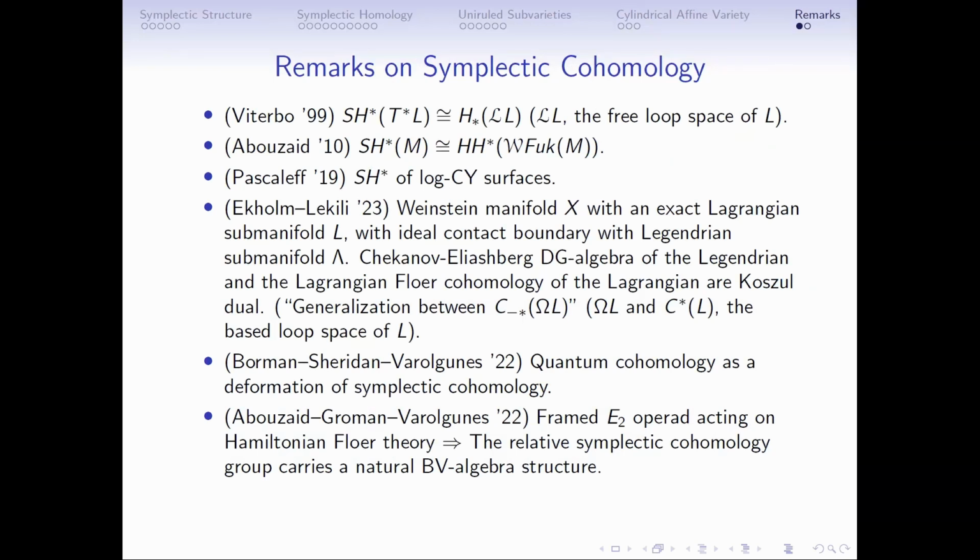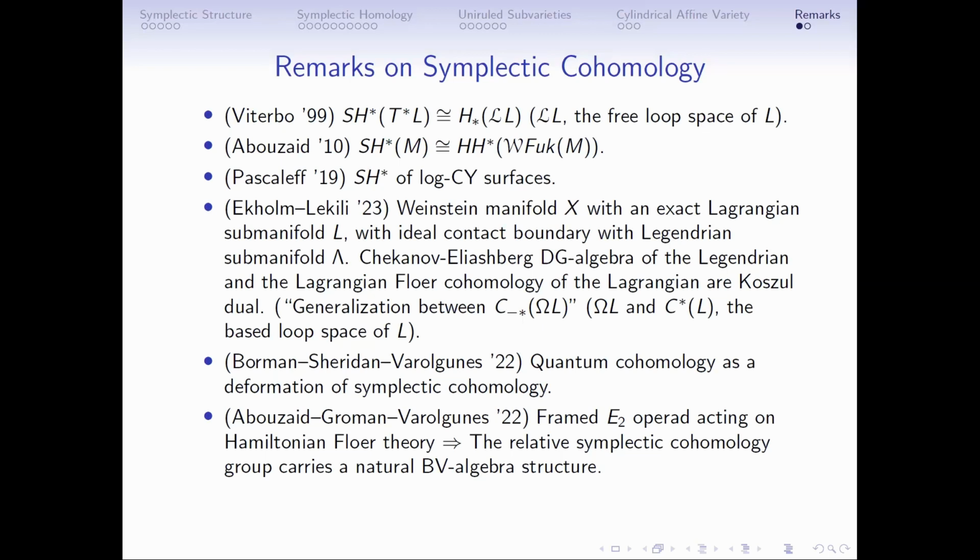For people who like Hochschild homology, symplectic homology is obtained by considering the wrapped Fukaya category and taking its Hochschild homology. And for anyone interested in computational examples, Pascaleff used tropicalization and some zeta function and mirror symmetry to compute symplectic homology of log Calabi-Yau surfaces.